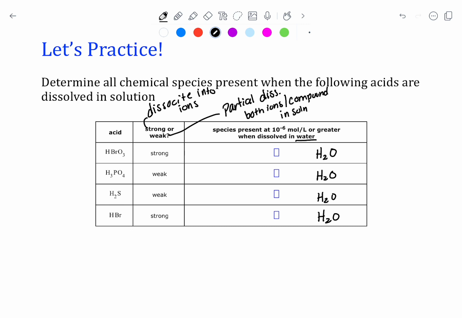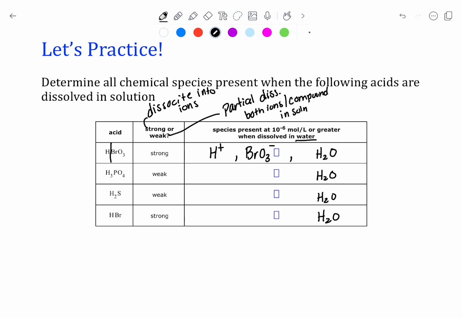And since this example, HBrO3, is defined as a strong acid, we would also see H+ ions as well as BrO3 ions. Since it's strong, it fully ionizes, and we break this off to have our hydrogen ions and our anions in solution. And those would be the three main species present in the solution.